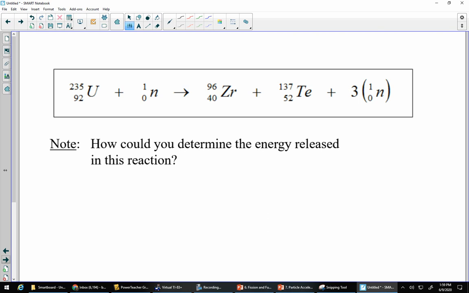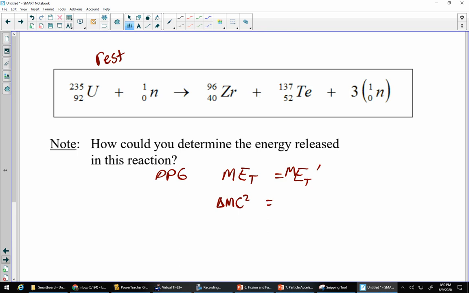So if we're thinking about this, how could we determine the energy? Well, if you're thinking physics principle 6, conservation of mass energy, that's a good thought. Our total mass energy before is equal to our total mass energy after. So before, let's pretend that these things are kind of at rest. So we've got delta mc squared, because where does the energy come from? Well, it's got to be from the mass defect.